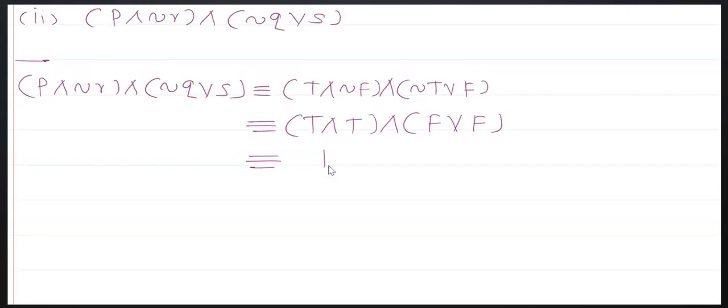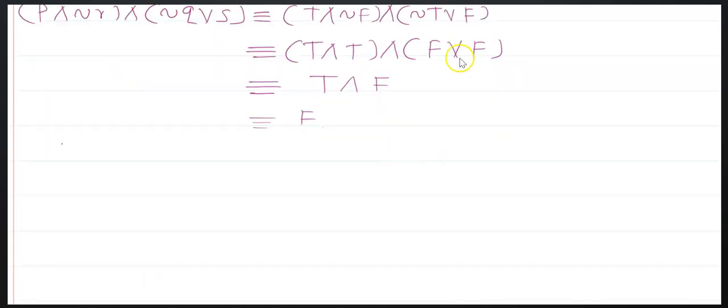Both of them are true, therefore it is true. And F or F is F. Both of them are false, therefore it is false. Now T and F is F. Hence the truth value is F.